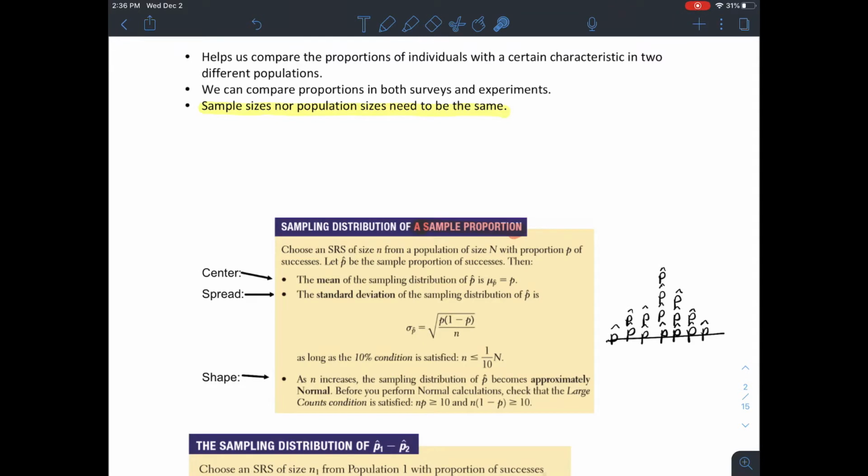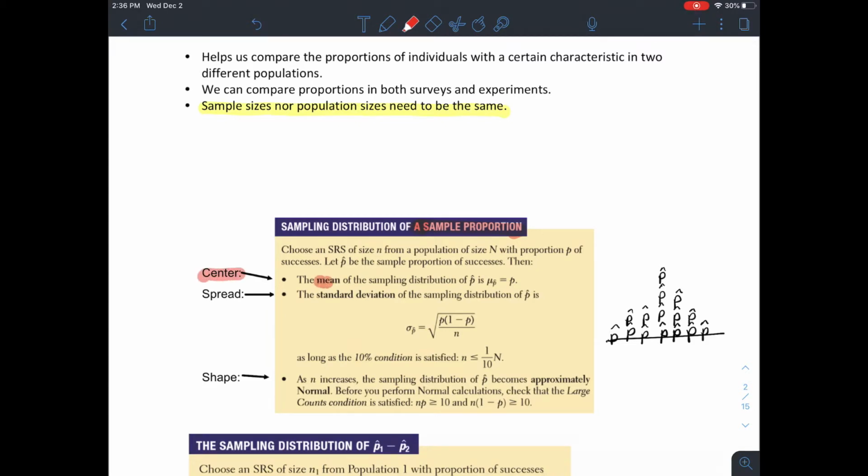We would put that on a dot plot. Each of these p-hats represents a sample proportion from one sample taken, and we would do that repeatedly, and it would build what is called a sampling distribution.